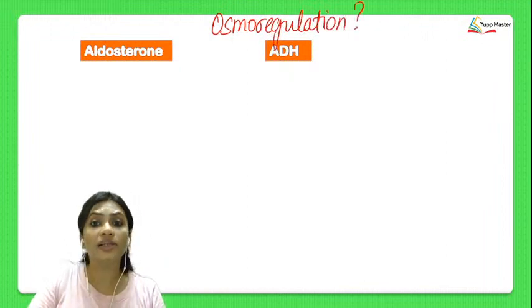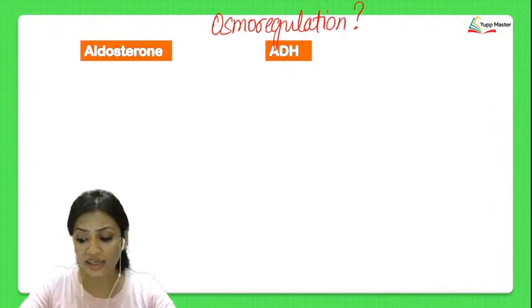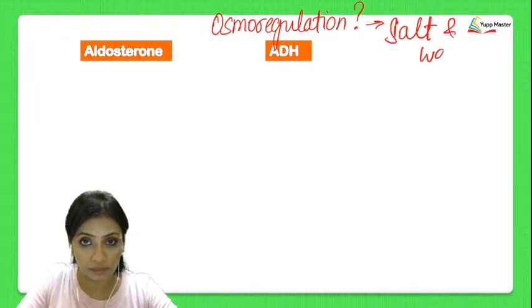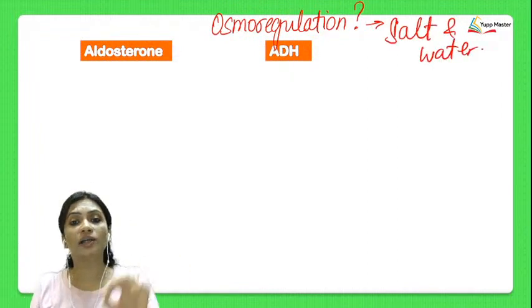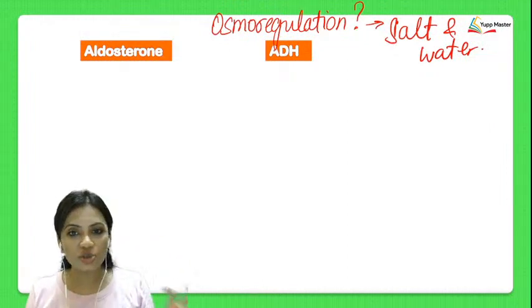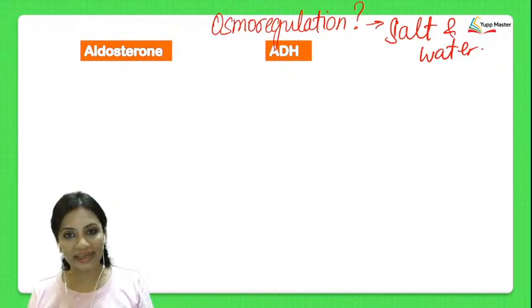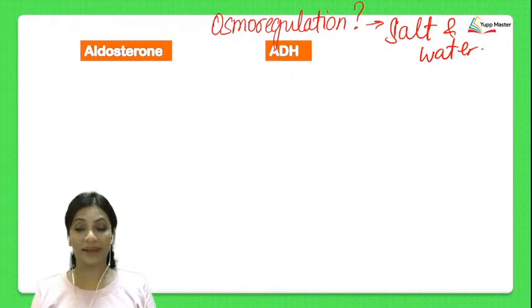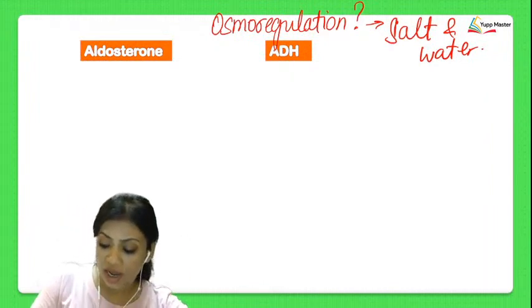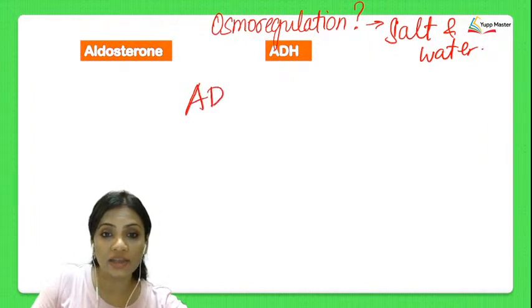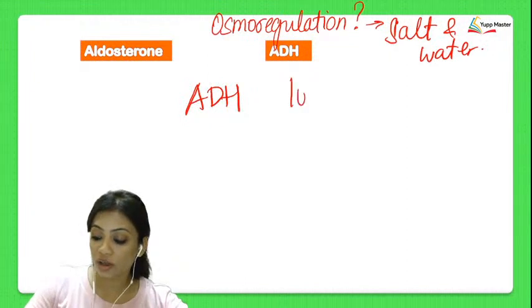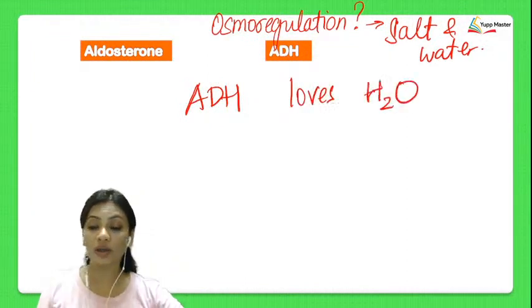What is osmoregulation? Osmoregulation means a balance between salt and water. Okay, so osmoregulation is a salt and water balance. So these two hormones will help to maintain the normal levels of salt and water in our body. When we talk about ADH, remember that ADH is a hormone which loves water.